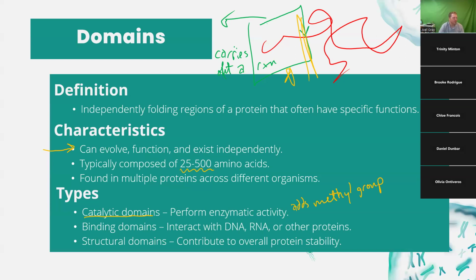A binding domain simply binds to DNA, RNA, or other proteins. A structural domain is simply going to contribute to the overall protein stability. So it's just basically there to hold everything intact. So we have three types of domains: catalytic, binding, and structural.